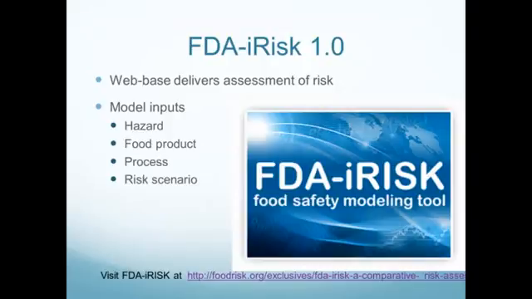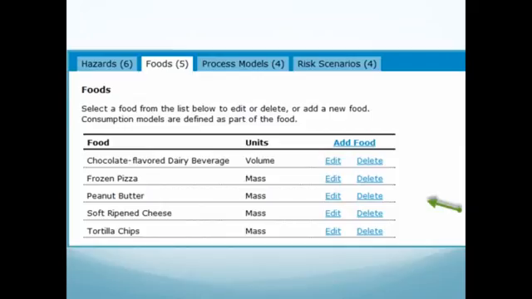Well, model inputs, for example, is, well, what's the hazard, what's the pathogen, what's the food product, what's the process, does it kill, does it allow the growth, does it do nothing? And then we can play these risk scenarios, saying, well, if we've got a contamination level of A, what's the consequence of that? How big is the risk of an outbreak?